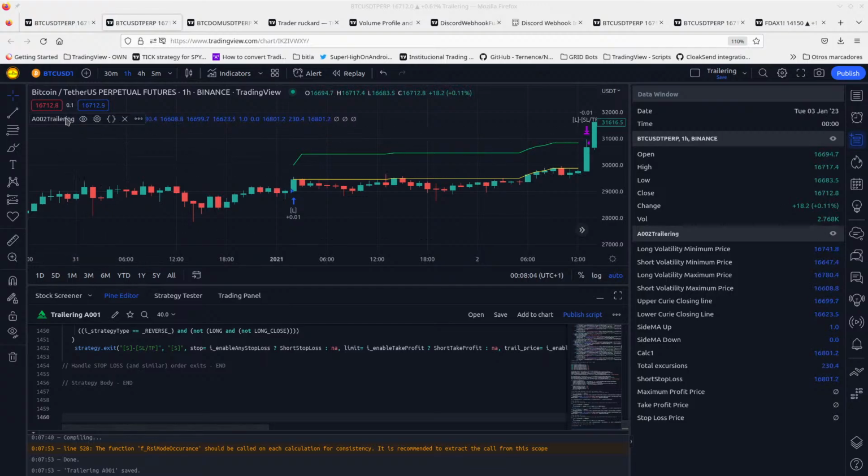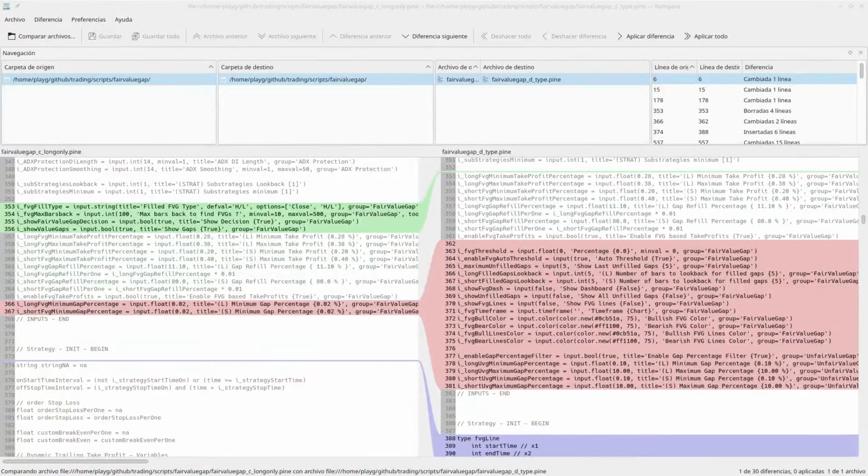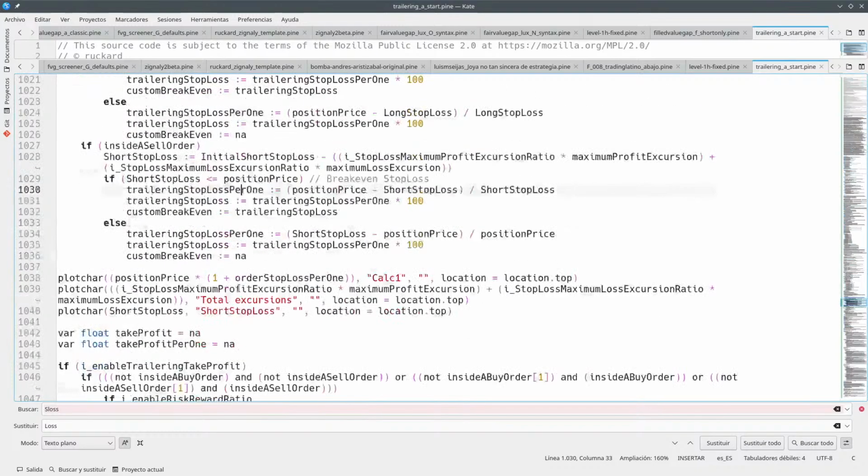Okay. Yeah, we don't have this long stop loss. Now we're going to try to draw it. Here we have this short stop loss.